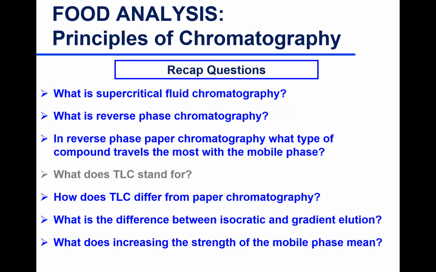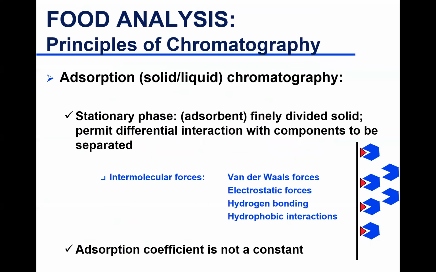Okay, good. So we were talking last time about, let's see, where am I? Okay. We were talking last time about different modes of separation, and one of them is adsorption chromatography. In adsorption chromatography, your components are adsorbing on your stationary phase.